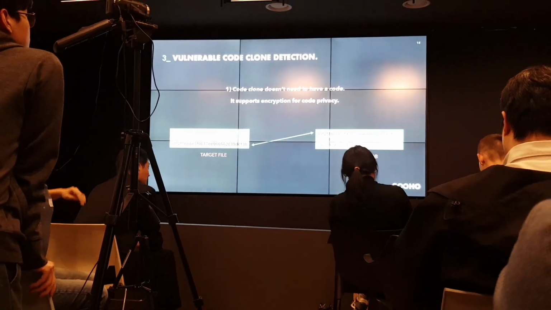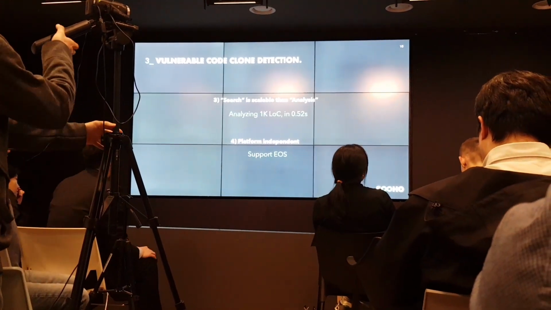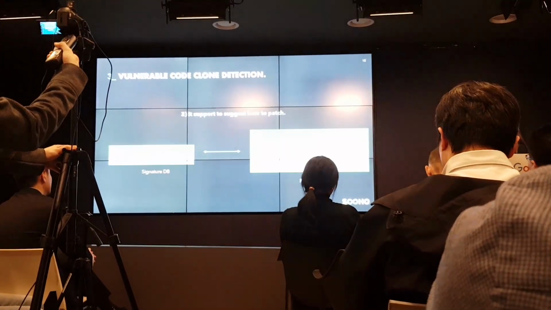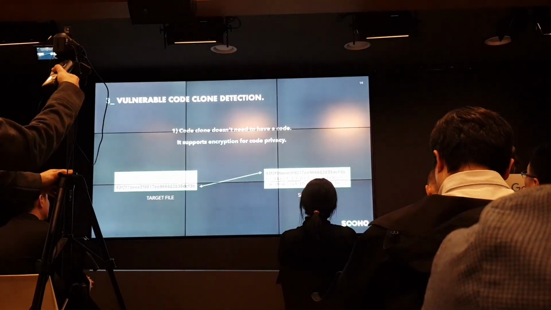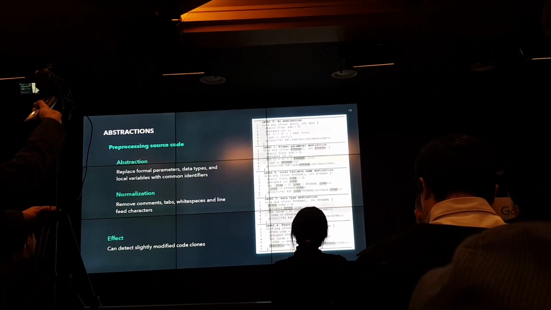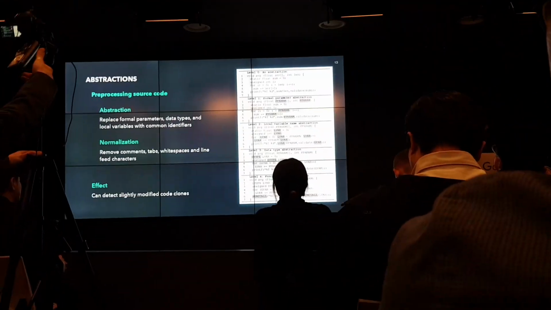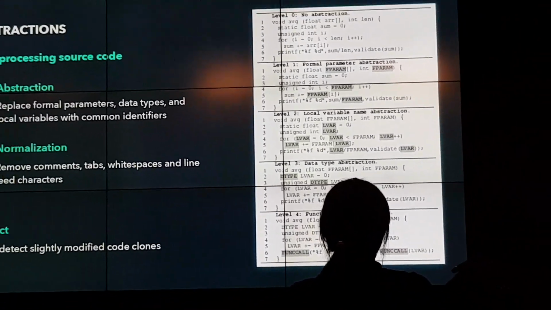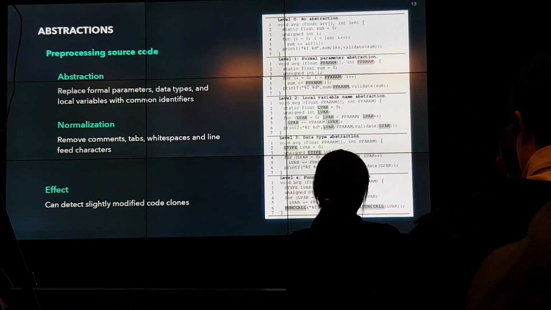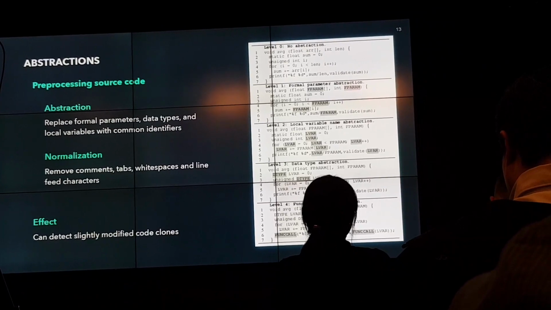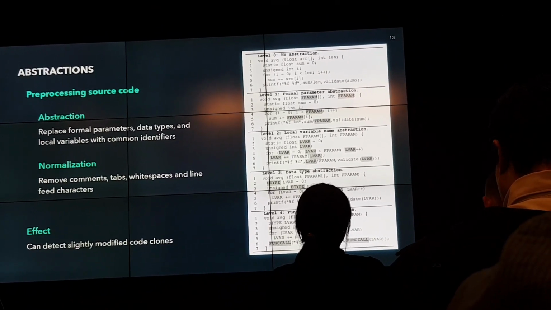If you mean smart contract automated analysis, it doesn't depend on a platform. It is platform independent because the technology is based on the contract itself, so it is no problem.